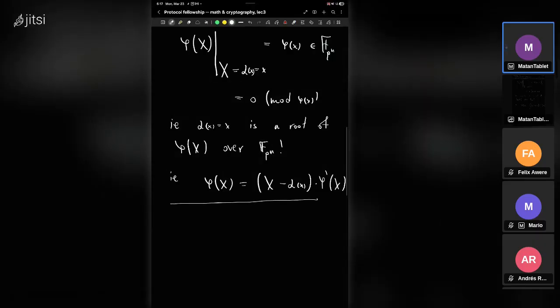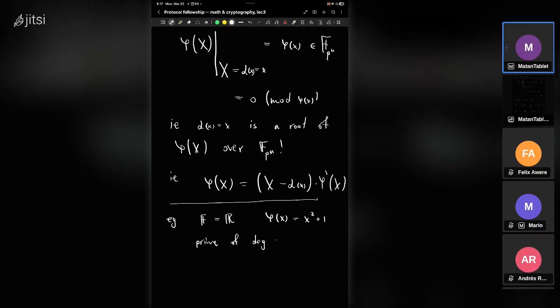So let me do it, because this is relevant for any field, with the real numbers. It's not a finite field, but everything we did is valid for any field. And I take phi of small x to be the polynomial x squared plus 1. This is prime of degree 2.